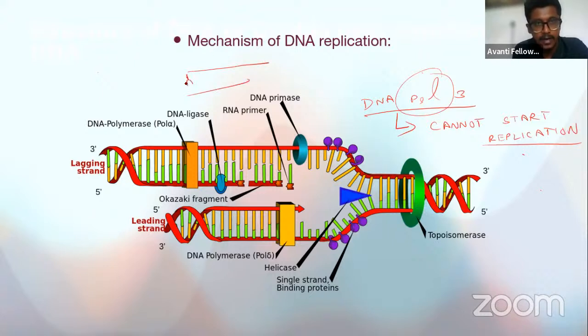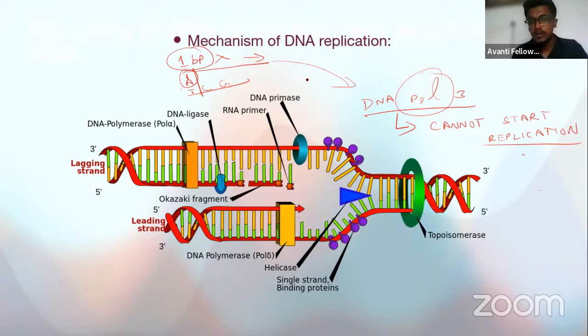That means this is A, I have to start adding T, C, G, whatever it is. So the DNA synthesis has to start from the first base pair, correct? This does not happen with DNA polymerase. The DNA polymerase cannot start the synthesis of DNA from the first base pair.